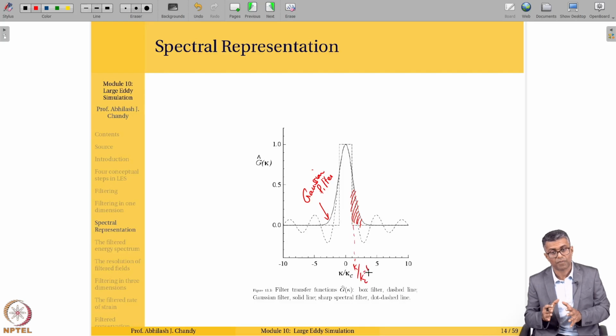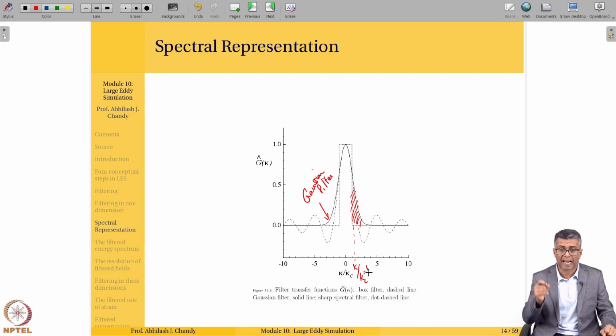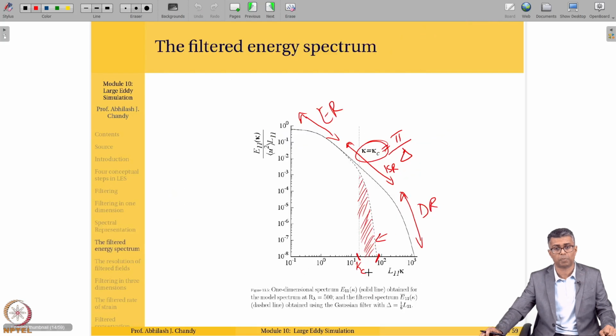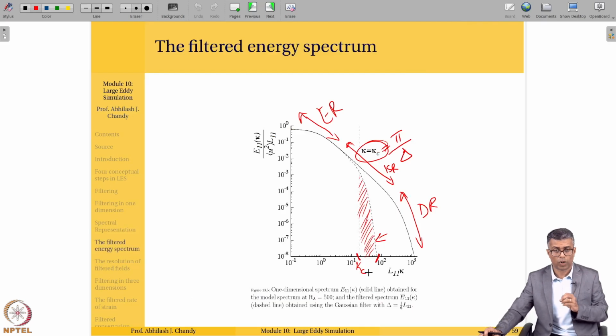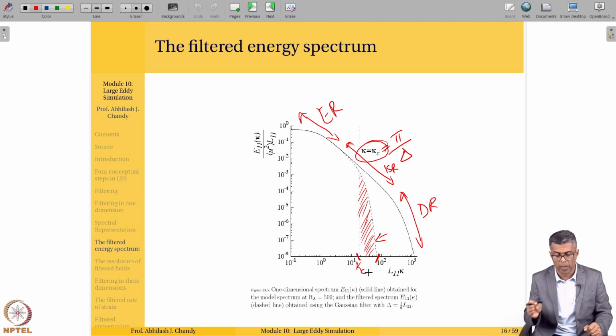That is your kappa c wave number. So slightly beyond 1 also, there are some wave numbers being considered. And that is what you're seeing in the filtered energy spectrum. Okay? So the energy spectrum is shown and it is 1D. And the filtered energy spectrum is also shown using a Gaussian filter. The cutoff wave number is shown just to show where it would actually cut it off. But in the Gaussian filter, the cutoff wave number has something more to it. I mean, you will get some energy slightly beyond kappa c as well.